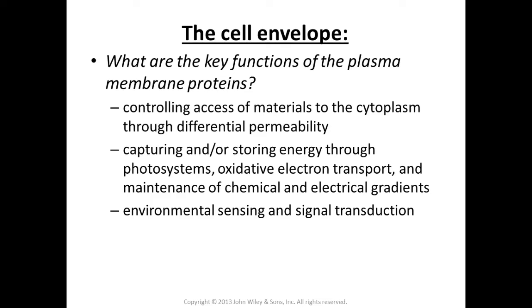And then for them to be able to sense their environment, some of those proteins aren't just moving stuff from one side to the other. They're actually sensing what's out there and sending information inward or releasing stuff outward.